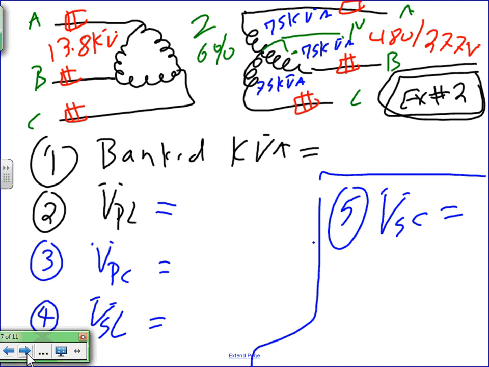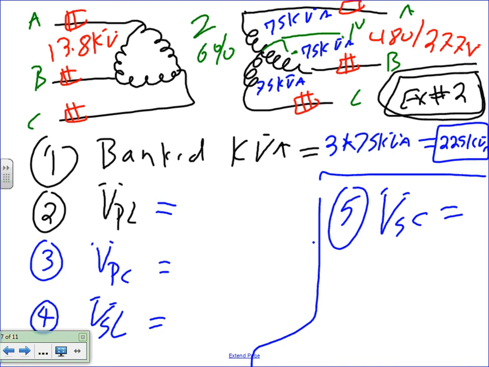Banked kVA, they call them banked kVA: basically adding all the kVA of the single phase transformers. So how many of them do I have? I have 3. So I have 3 times 750 kVA, and that will give you a healthy 2,250 kVA. Piece of cake. Everybody knows what a banked kVA is?